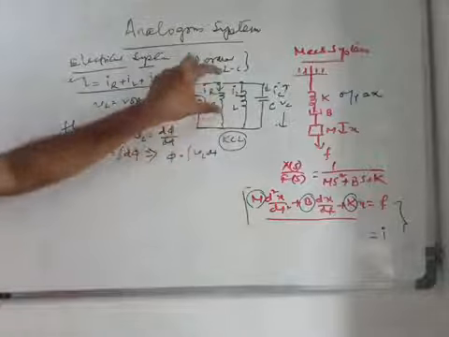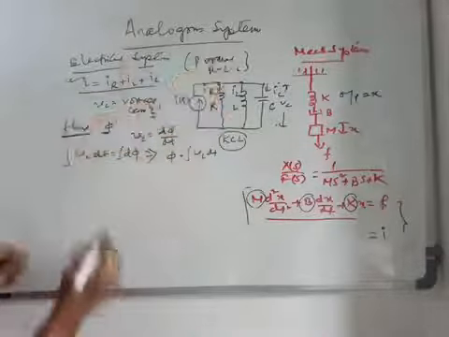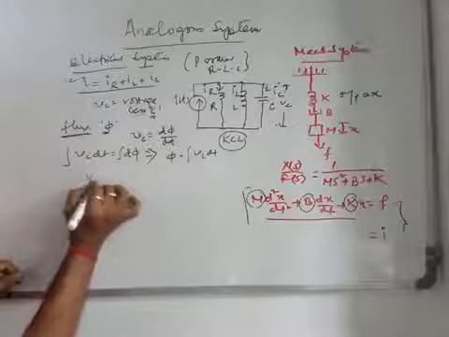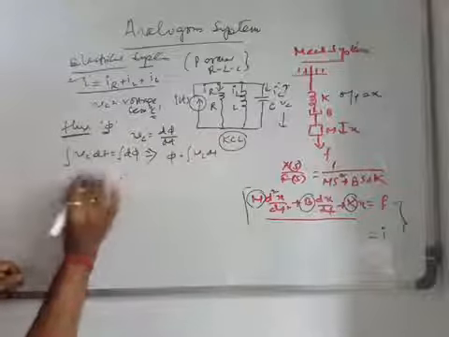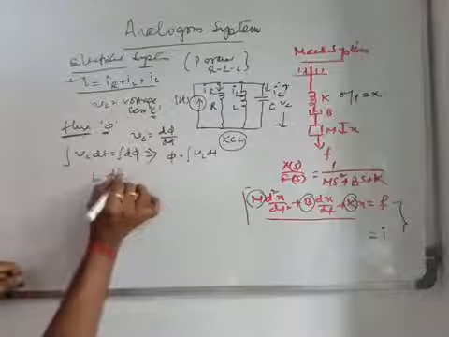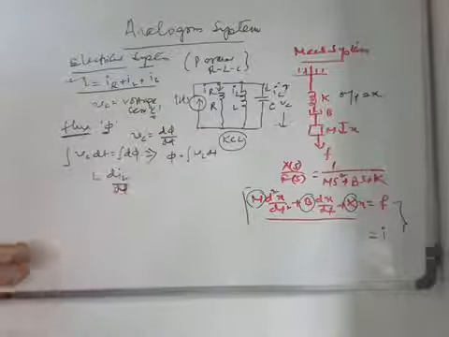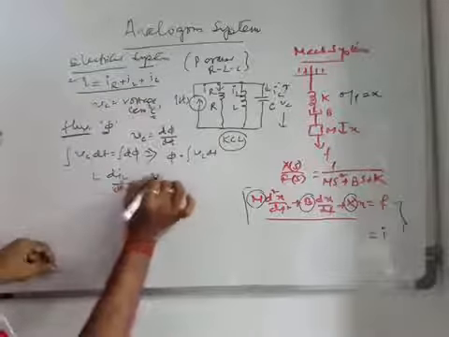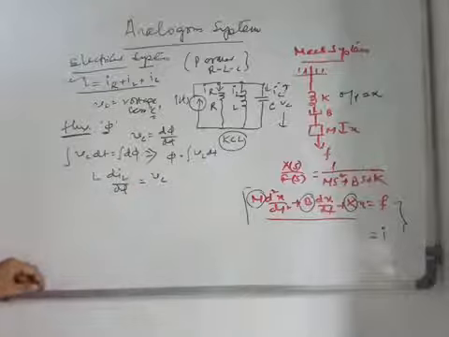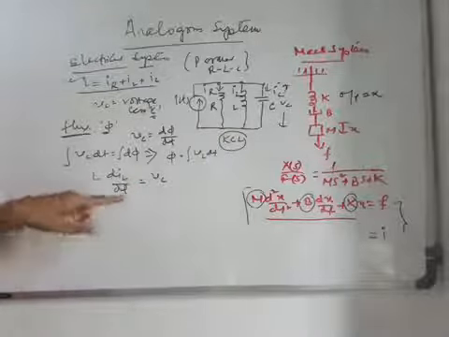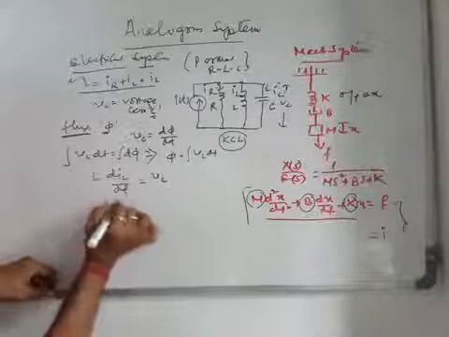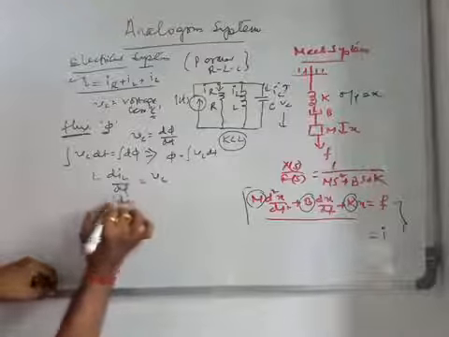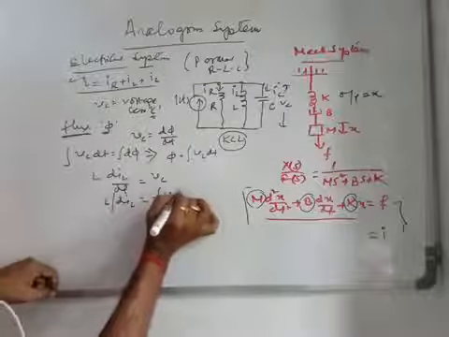Second, the voltage across the inductor is given by L dIL dt, which is again equal to VC. From here, L times the integration of dIL is equal to the integration of VC dt.